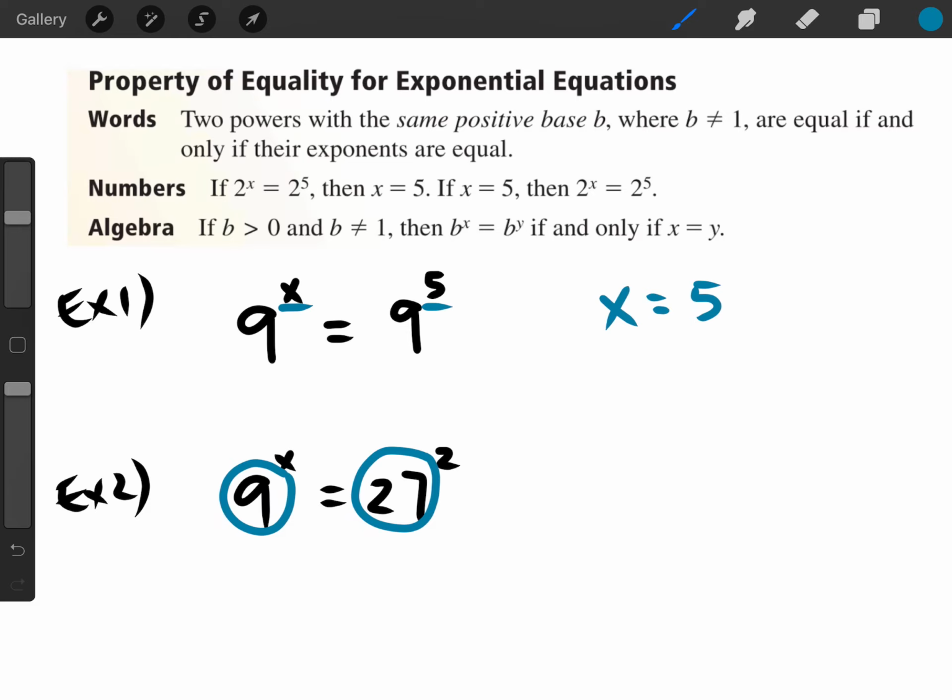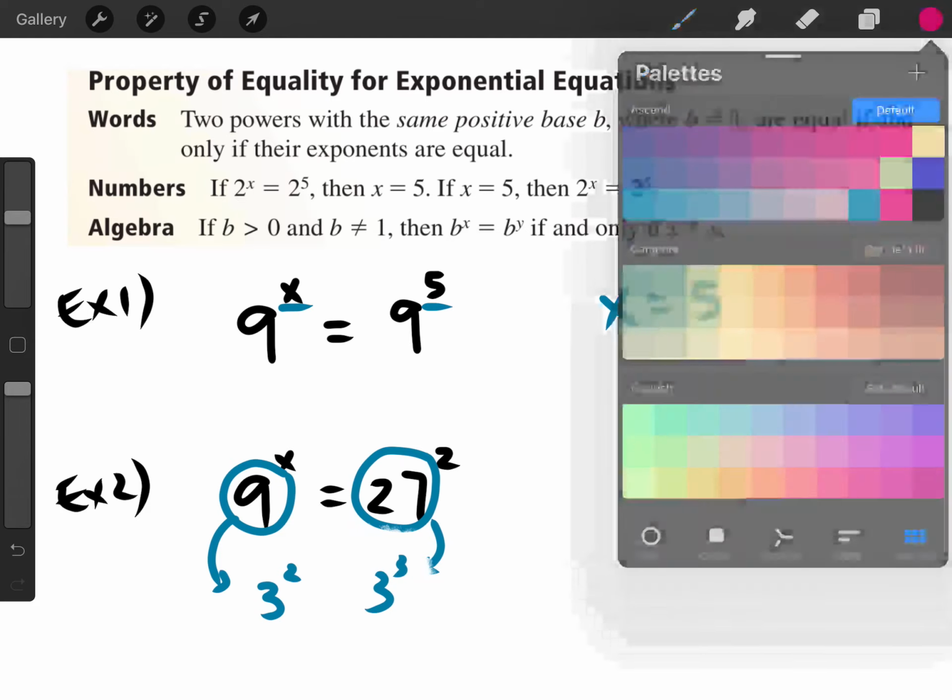In this case, you're going to write 9 as 3 squared, and you're going to write 27 as 3 cubed. Like the questions in the textbook, they're going to give you clues that you can somehow make the same base, and you just have to look for it.